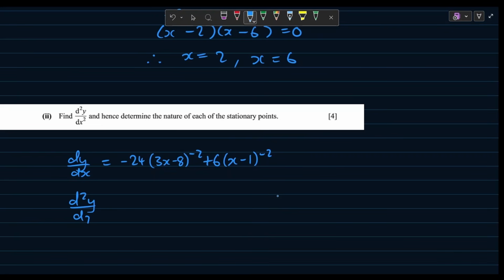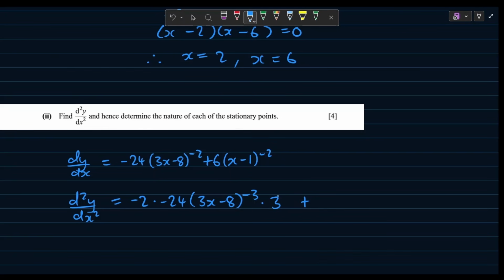So d squared y/dx squared is equal to, bring down the -2, so -2 times -24 (3x - 8), subtract 1 from the power, so -2 - 1 you get -3, multiplied by, differentiate the inner function, so differentiate the 3x - 8, you get a 3, so multiply by 3.